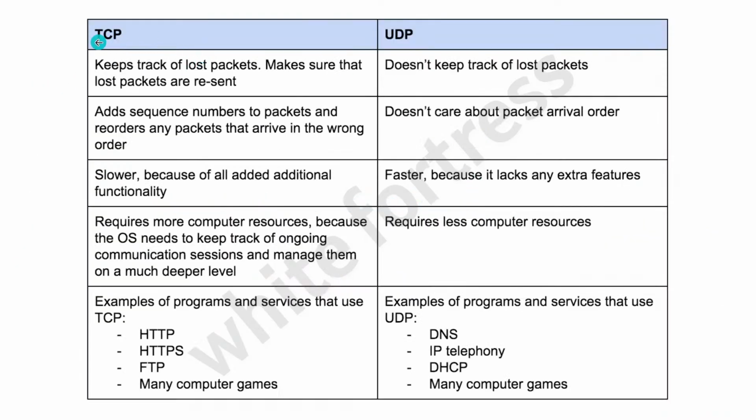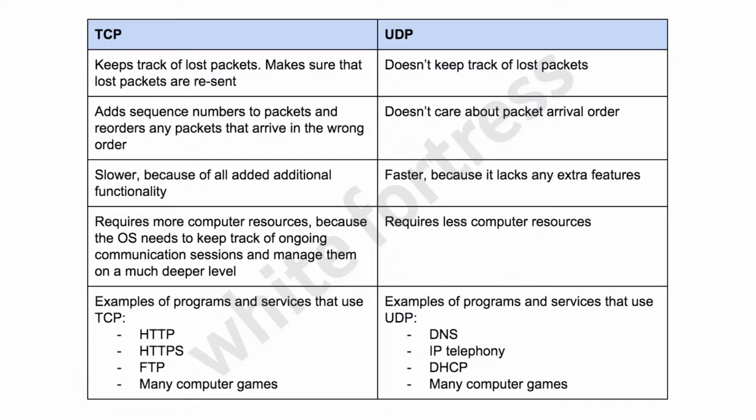So let's see. TCP keeps track of lost packets and makes sure that lost packets are resent. It means TCP first of all makes the connection at both ends, whoever the sender and receiver are.